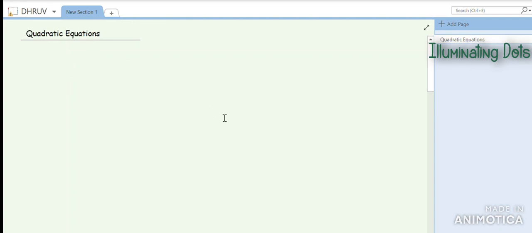So, quadratic equations are equations which have the degree of the variable as 2, or the degree of the variable is square, or 2, whatever you say.